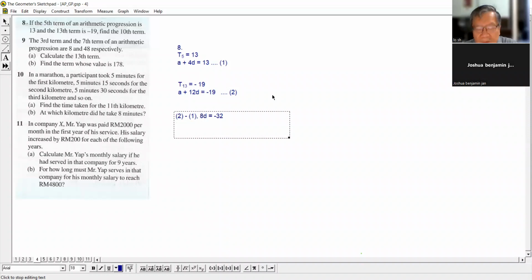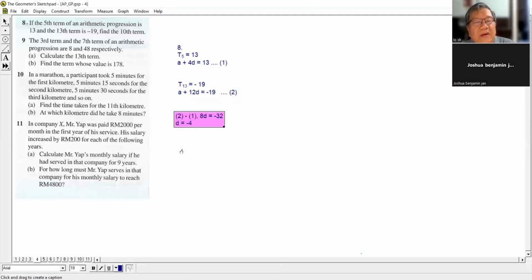So divide by 8. What is D? Negative 4, correct, not 4, because it's negative 32. So negative 32 divided by 8 is negative 4.